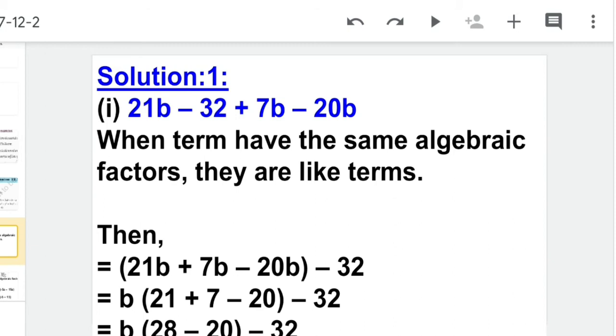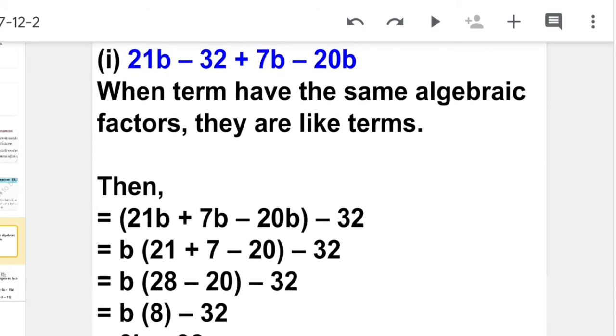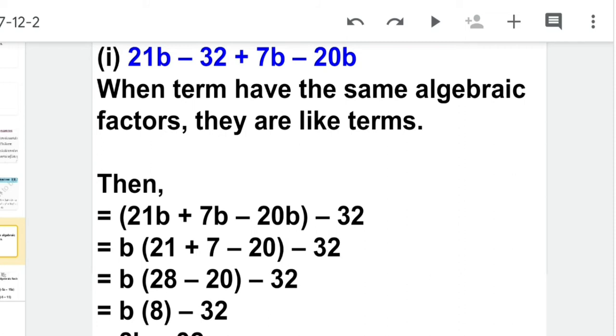You can see here, terms having the same algebraic expression are known as like terms. Then we write all the like terms together and the other group of like terms together. In these like terms we have b common, so we will take b common, and in the bracket we have 21 plus 7 minus 20.